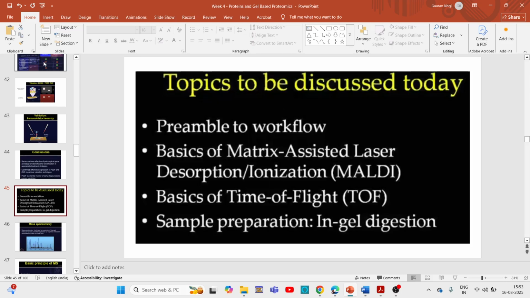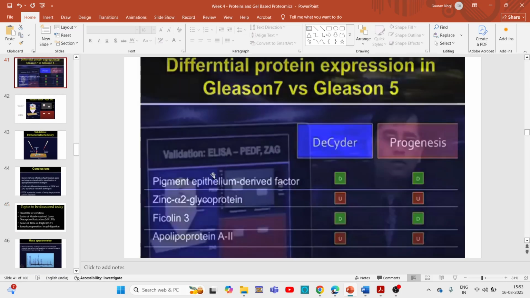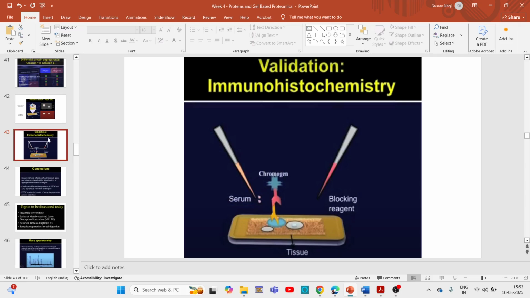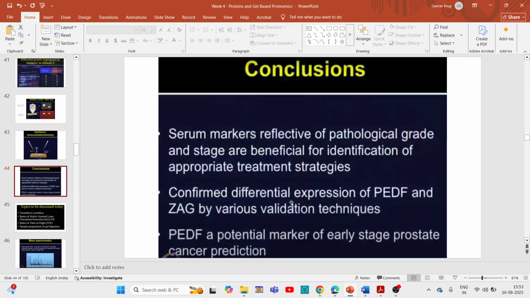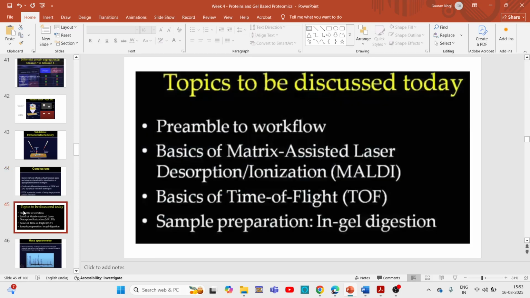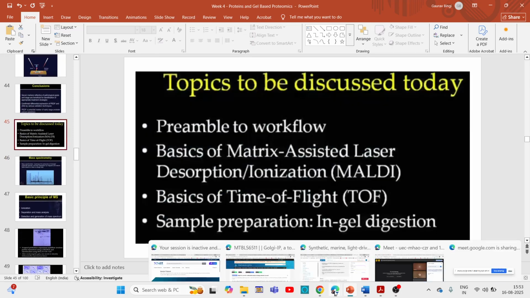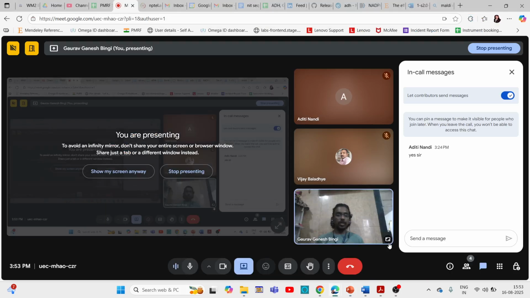So that's how they did the mass spec and understood which proteins were upregulated and which were downregulated, and they further validated using ELISA and immunohistochemistry, and that's how they found that these proteins can act as biomarkers. So before going to mass spec, that's what DIGE is all about.